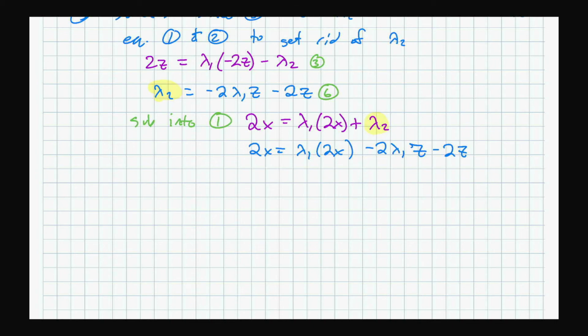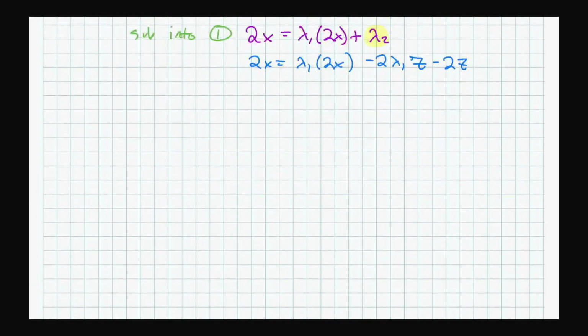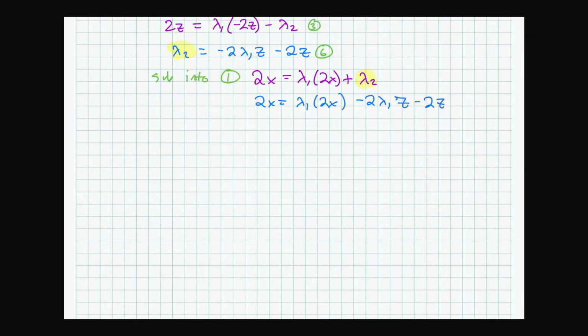Although I feel like, okay, let me look at this one more time. Is this really the best way? Yeah, I think it is. Okay, so this is what we get. What can we do with it? Not a lot.